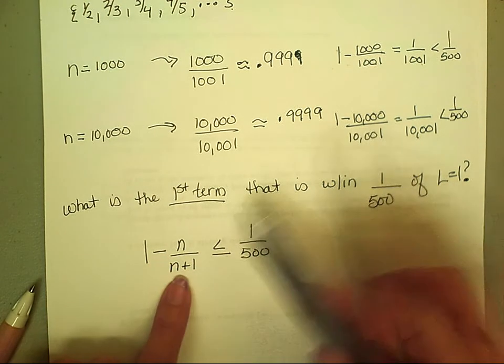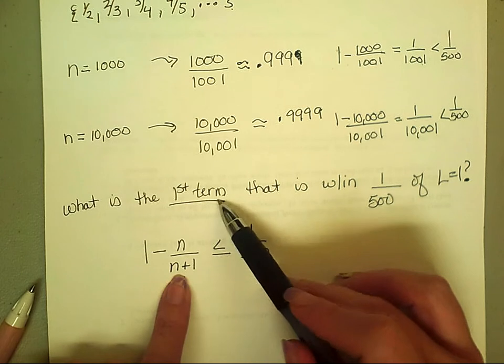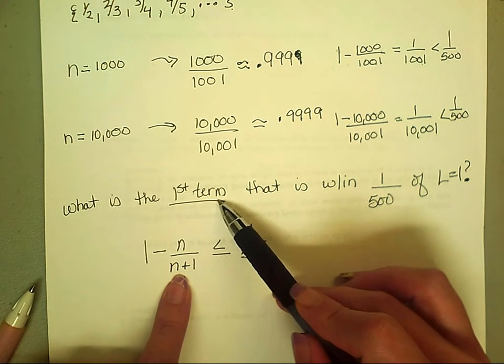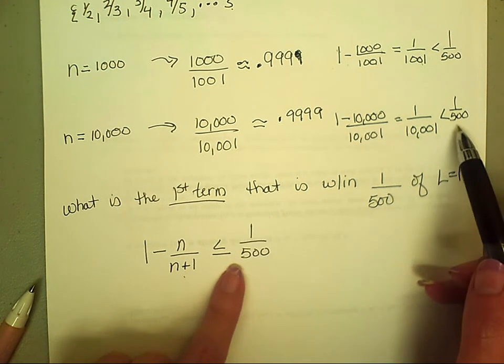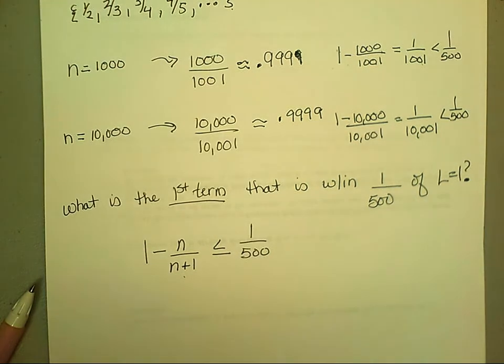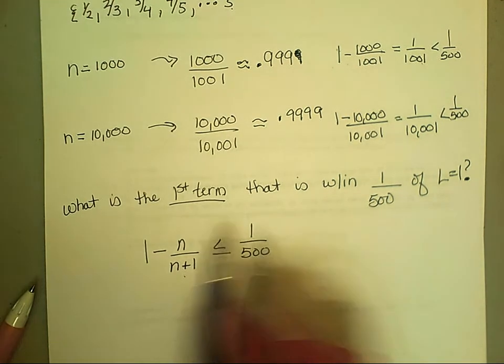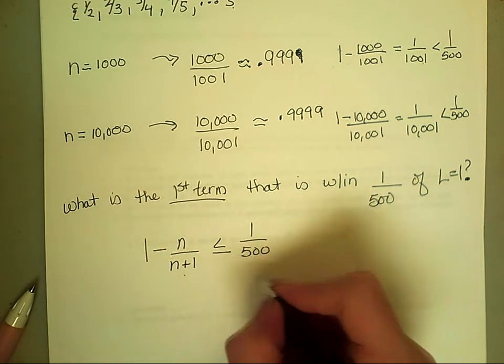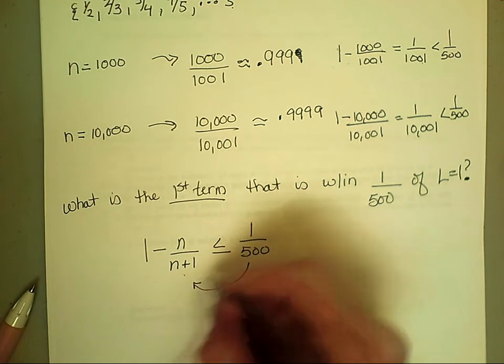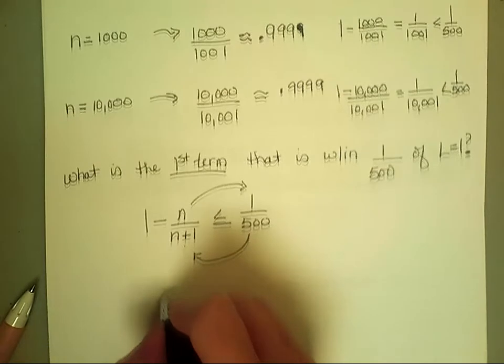1, subtracting the term, we're just going to use the nth term, because then once we know what n is, we'll know the first term. And where is that less than or equal to 1 over 500? Alright, well, let's subtract this over. We'll subtract that over and add this one over.